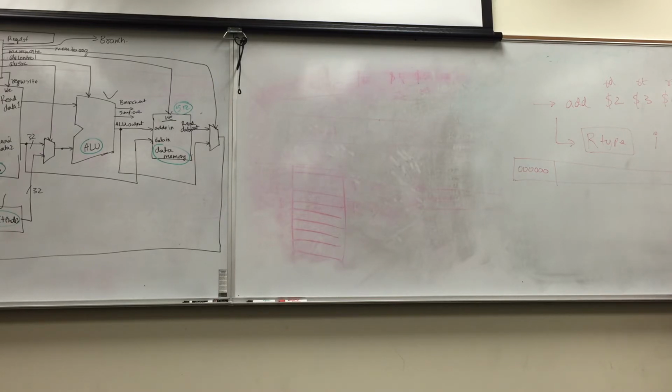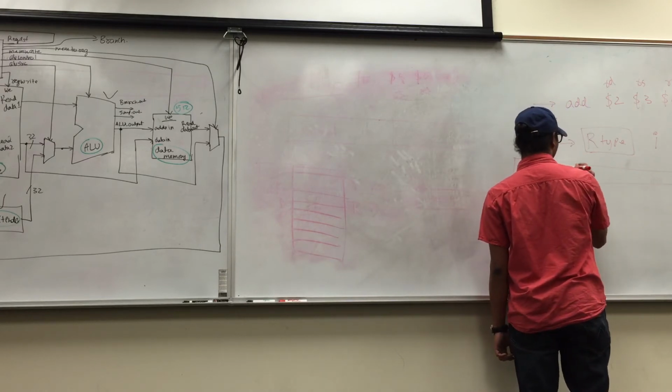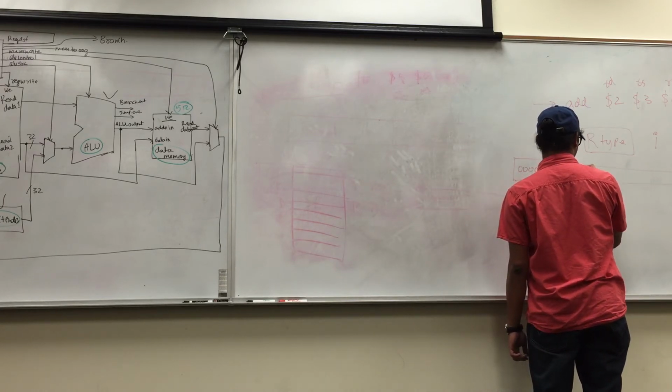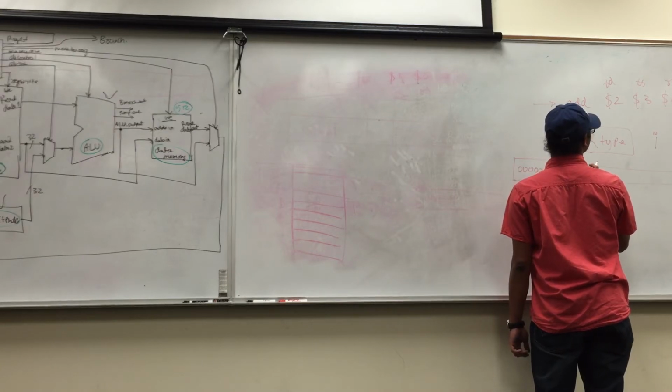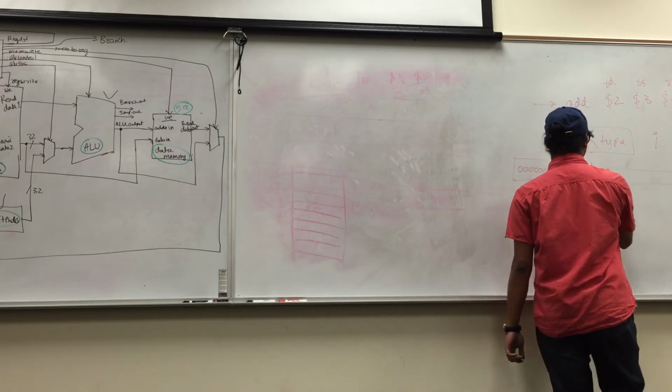In MIPS assembly the destination is on the left. Okay, fine, let's have this for now. RS is 3, so 000. RT is 000.